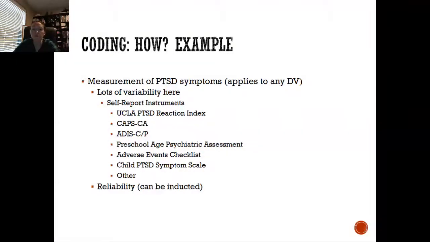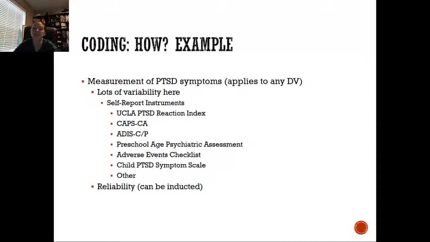So for the continuation of this example, we're measuring the PTSD symptoms over time and the change in those. And actually this discussion here applies to any dependent variable. But this is another piece of what's needed to code, and this is going to be true for any topic. So for the dependent variable, how this is measured is going to be very important.